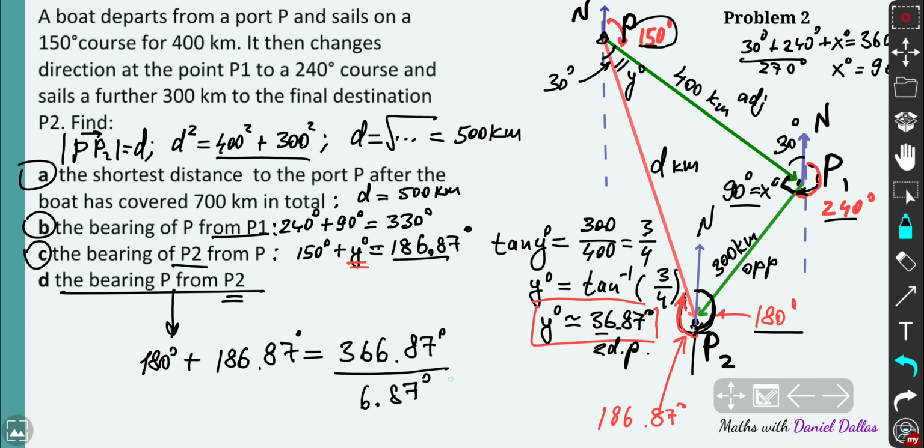You know why it happens? It happens because simply this red line and this point P2 should obviously be somewhere here. Okay? So I try to explain to you. So the actual bearing and the actual result is going to be 6.87.